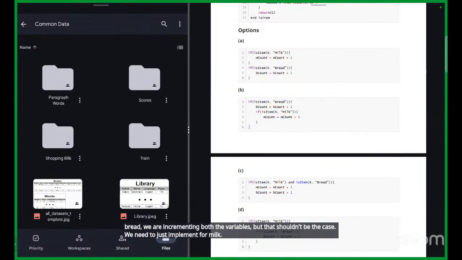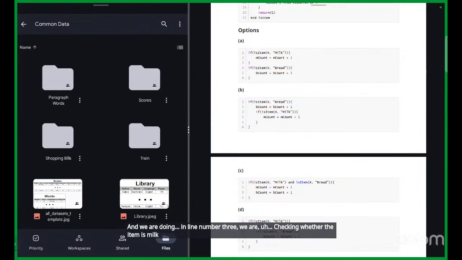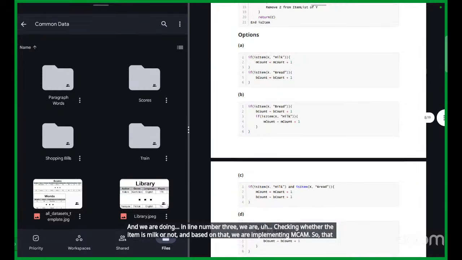In line number three, we are checking whether the item is milk or not, and based on that, we are incrementing m count. So that is totally incorrect.